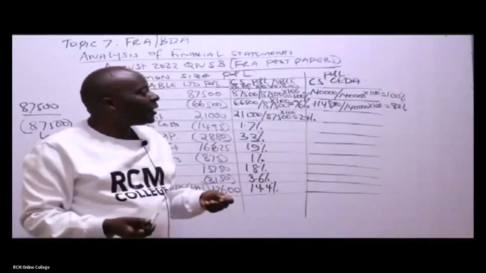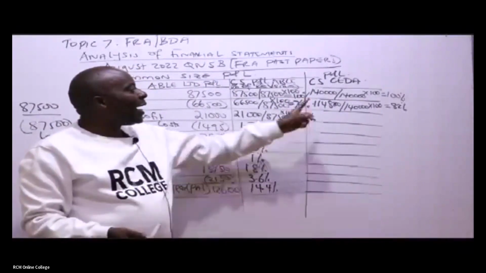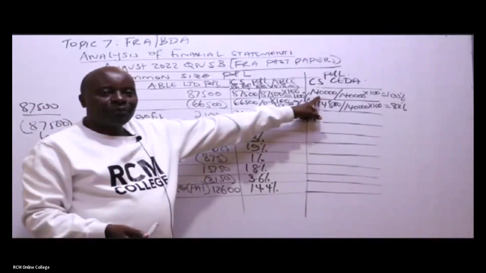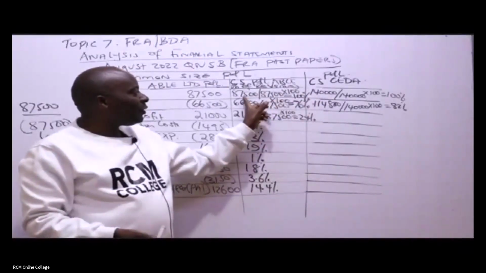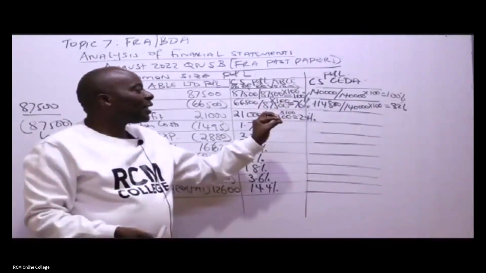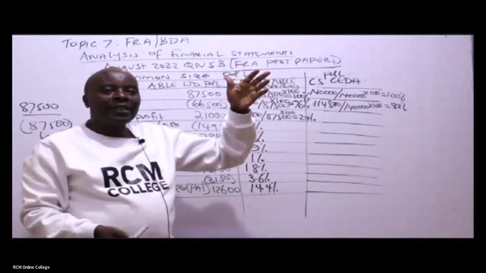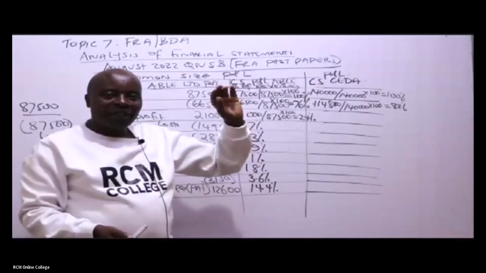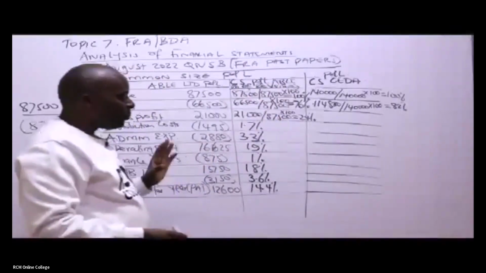And I'm able to see that the increase in the cost of sales for Cedar is attributable to a higher revenue. Because you can see revenue for Cedar is 140,000, while this one is 87,500. So you can't say that simply because the cost of sales of Cedar is higher, we are doing badly. No. The revenue is also quite high, and you should be able to look at that as we progress.